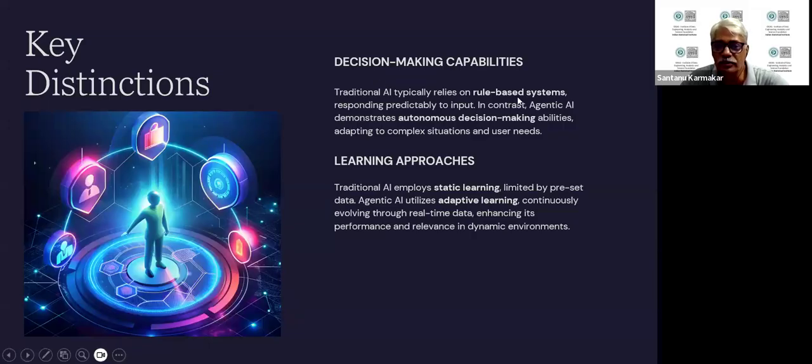Traditional AI typically relies on rule-based systems, responding predictably to input. In contrast, agentic AI demonstrates autonomous decision-making abilities, adapting to the complex situations it faces. It also involves a learning approach. That means the more you proceed with the workflow, it automatically learns from the previous steps, what is going on, and then it starts generating the responses.